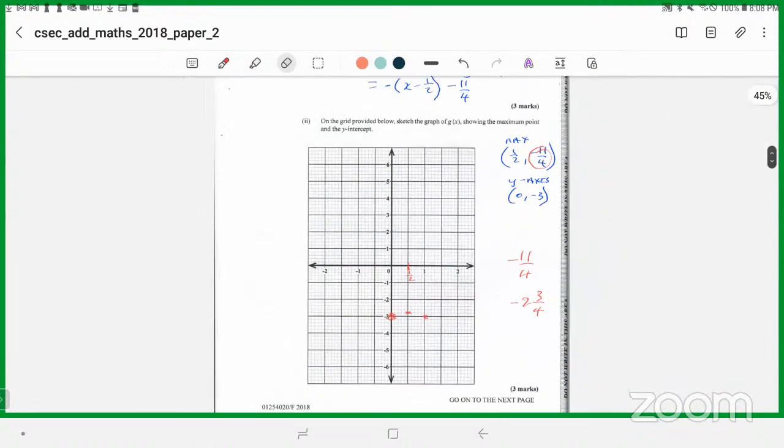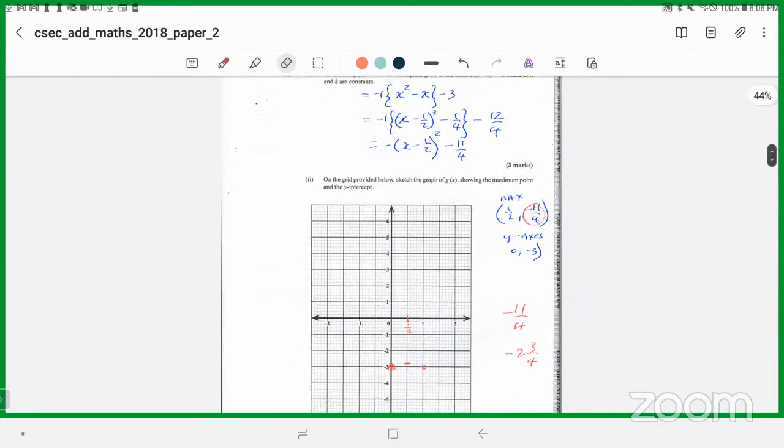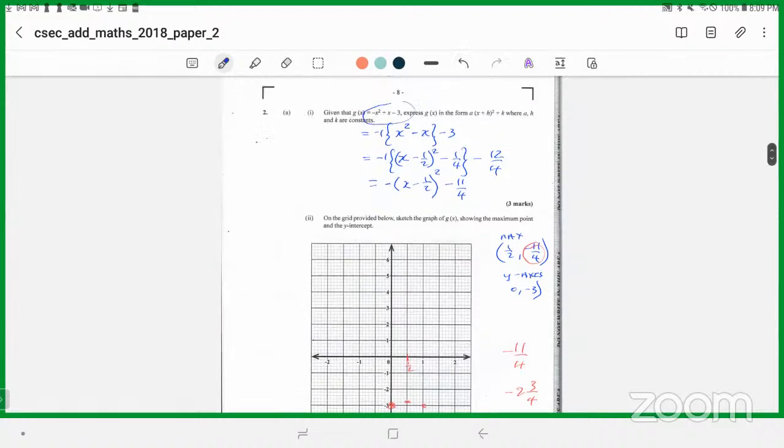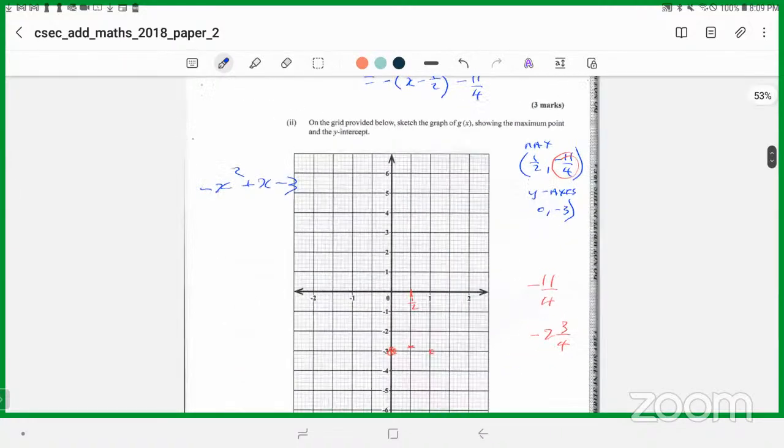Right? So where's the function again? The function is right here. This is the function. I can use this one, just the original one. So we can use minus x squared plus x minus 3. I'm going to work out some values.